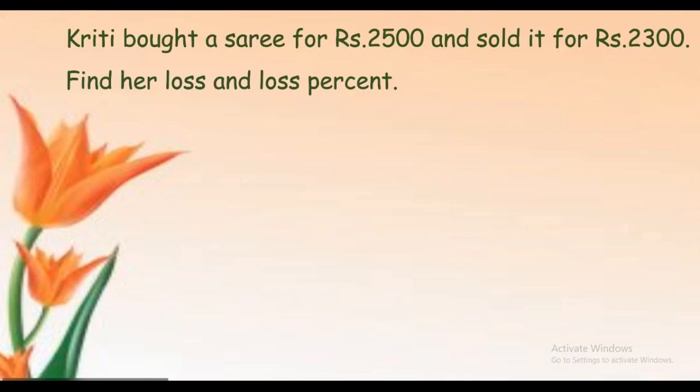Kriti bought a sari for rupees 2500 and sold it for rupees 2300. Find her loss and loss percentage. From the question itself, we can write the cost price as well as the selling price of the sari. Cost price of the sari is rupees 2500.